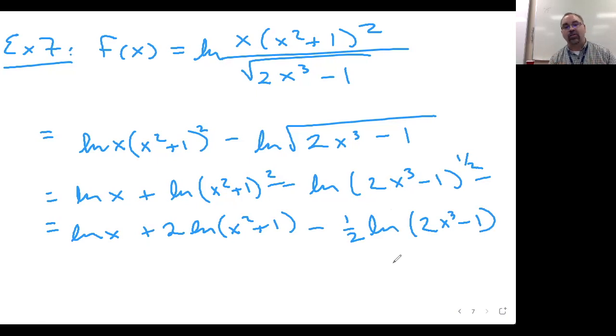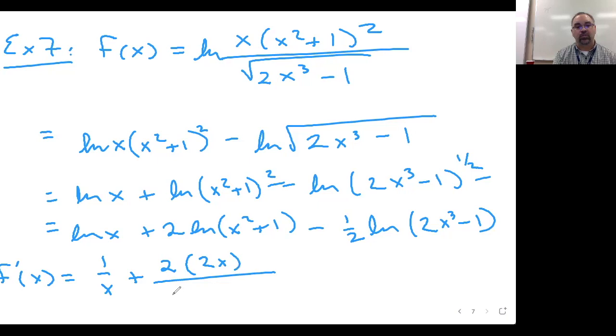And now I can just do each one of these terms separately to get my derivative. Use your properties of logarithms to expand your function before you try to derive it, and your life will be so much easier. This problem is so much easier because I split those up.